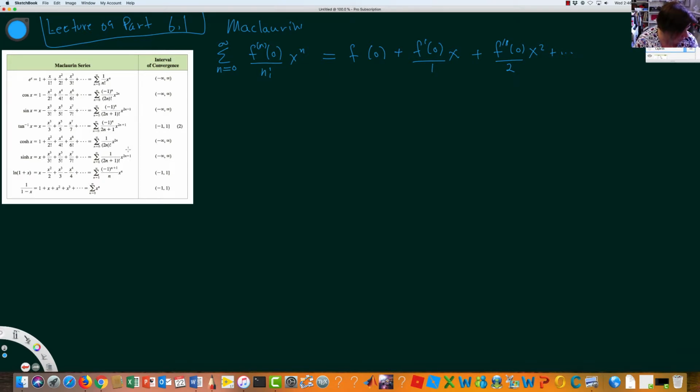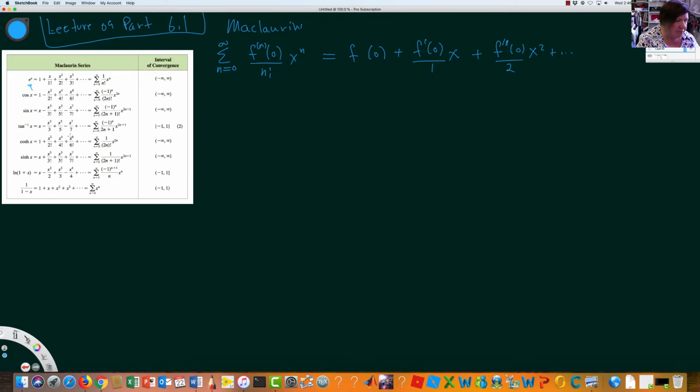Now, if you need to change some of these, for instance, let's say you wanted a series for e to the x squared. All you have to do is take everywhere you see an x and put an x squared. So this would be x squared, this would be x to the fourth, and x to the sixth, and so on. It's pretty simple.